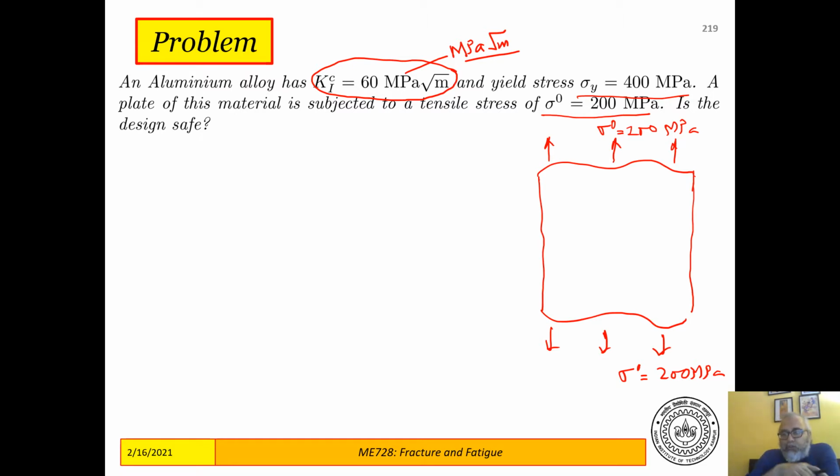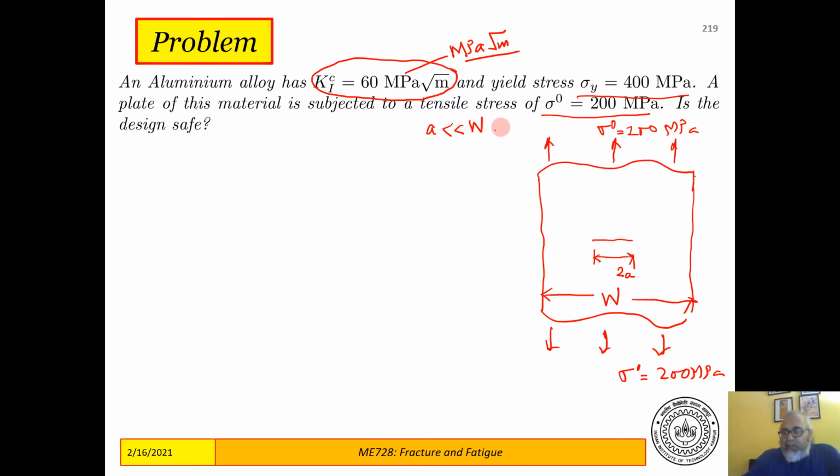To figure that out, what we have to do is assume that we have a crack somewhere, let's say in the middle, where this crack length is 2a, this is w. Since no information about w is given, let's assume that this crack is very small compared to the size of the plate, which is a is much smaller than w.